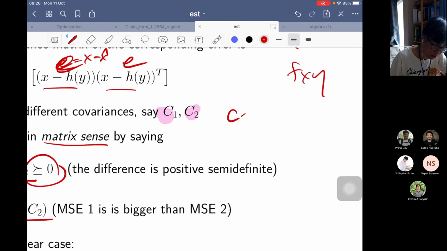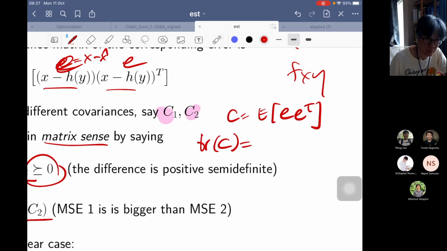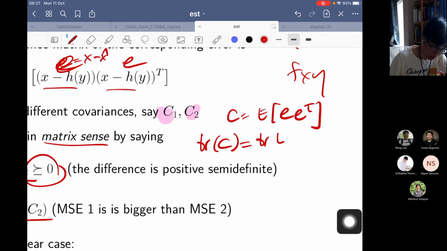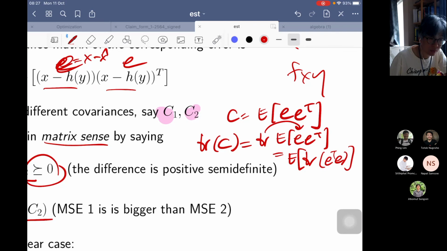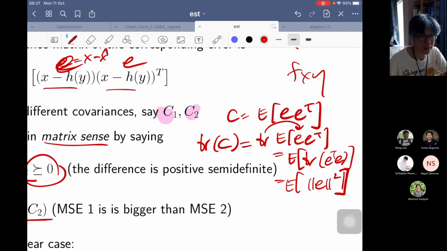Remember, when you have the covariance matrix, what happens when you take the trace of the covariance matrix? Of course, that is the trace of E E transpose, and then you can just swap the order, and then the trace of E transpose E, and that is the same thing as the norm of E squared.